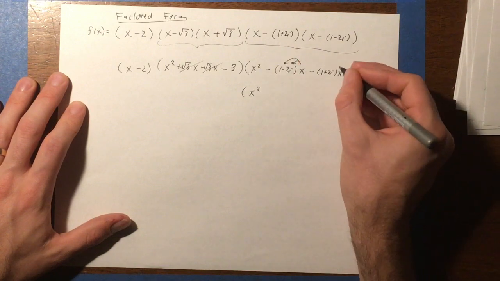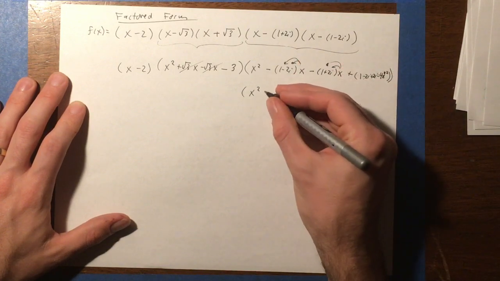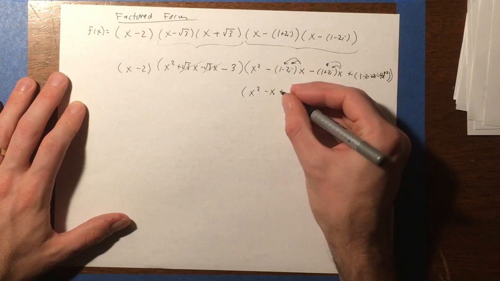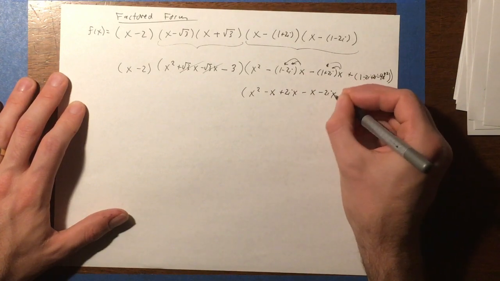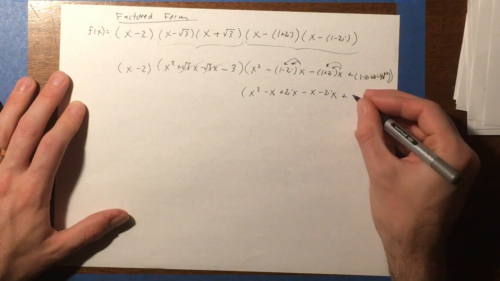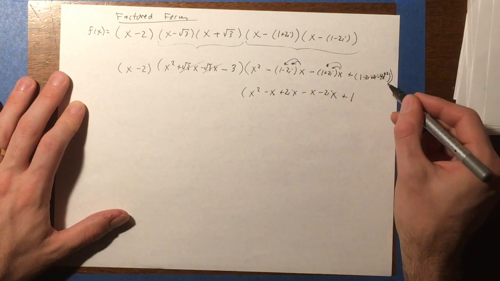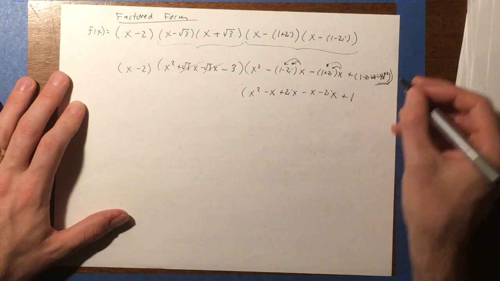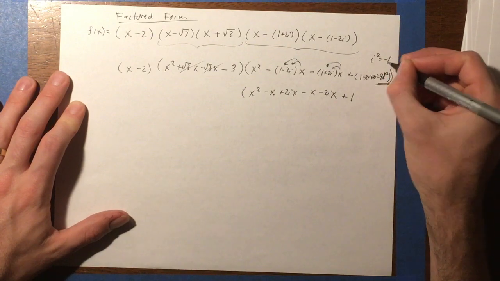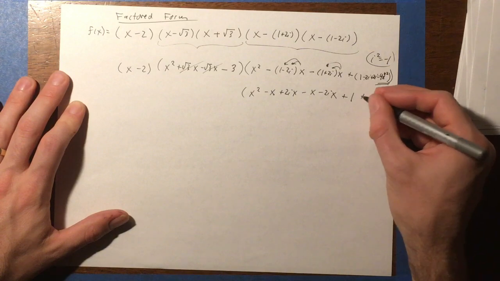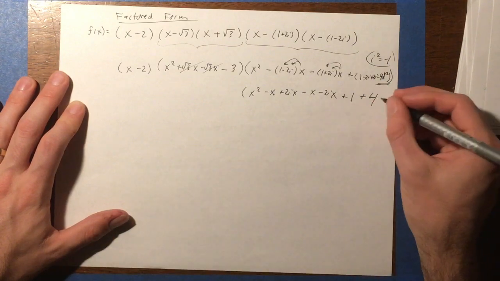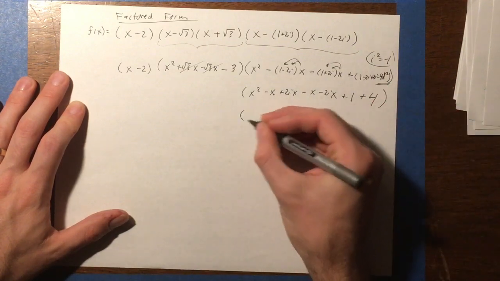I'm going to distribute this x multiplication and this x multiplication: minus x plus 2ix, and another minus x and a minus 2ix. Then here we have plus 1 and then minus 4i squared, and since i squared equals negative 1, the negative 4 times negative 1 gives us plus 4. So that's that whole thing.